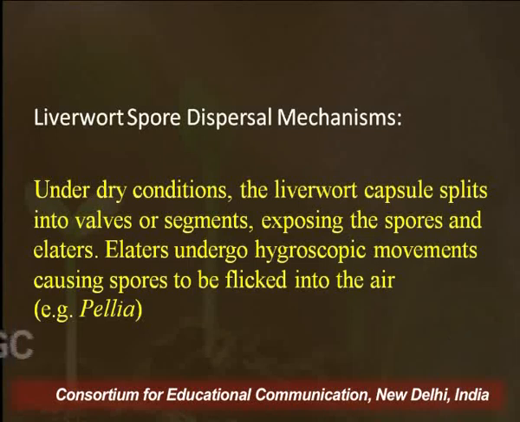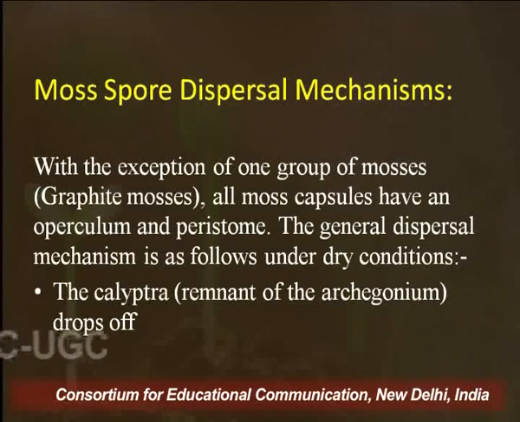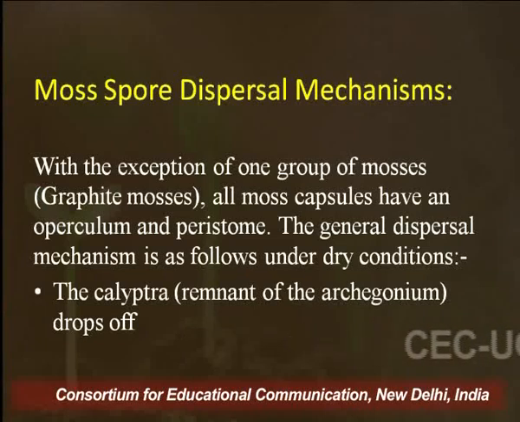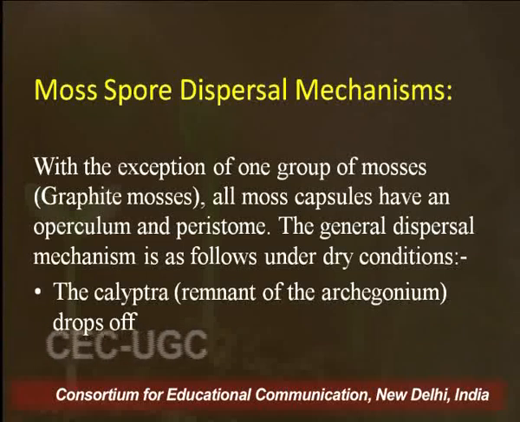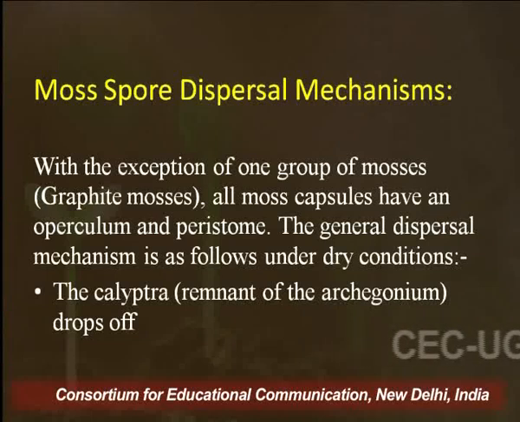Such a dispersal mechanism can be observed in Pellia, whereas amongst the mosses there are certain groups which do not follow it, but most mosses follow this simple mechanism where all moss capsules have an operculum and peristome. The exception to this observation is the granite mosses.